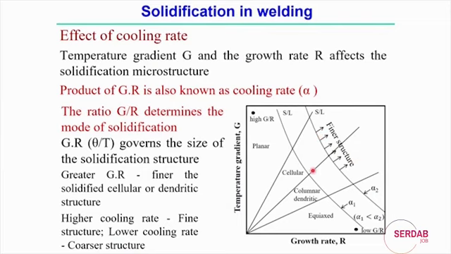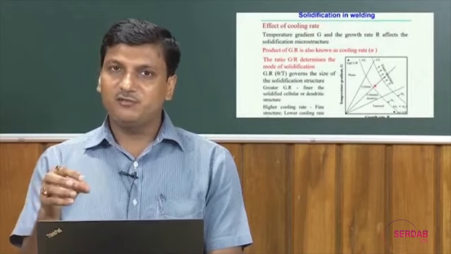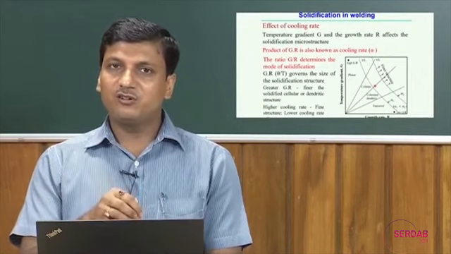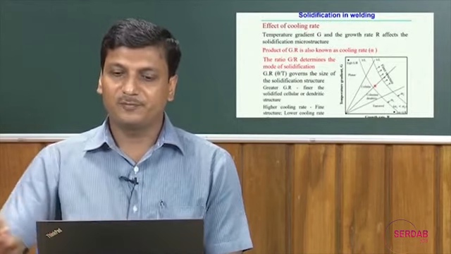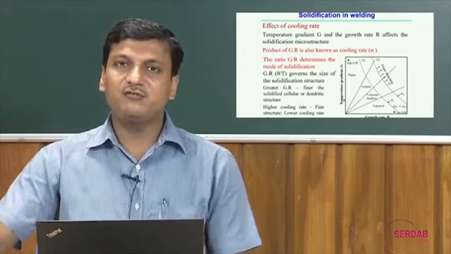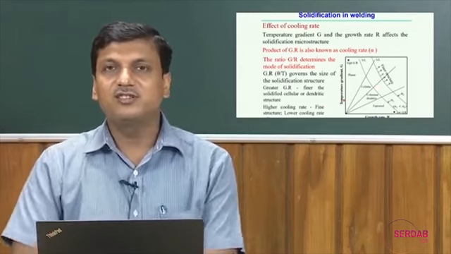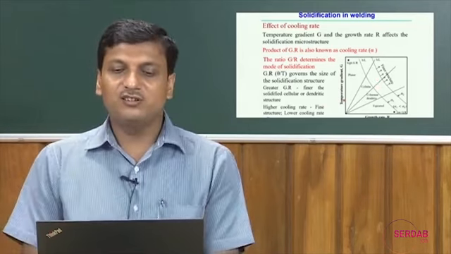If the cooling rate is very high, the overall microstructure is very fine. If the cooling rate is low, the overall microstructure is coarse. So a higher cooling rate gives a fine structure, and a lower cooling rate gives a coarse structure.